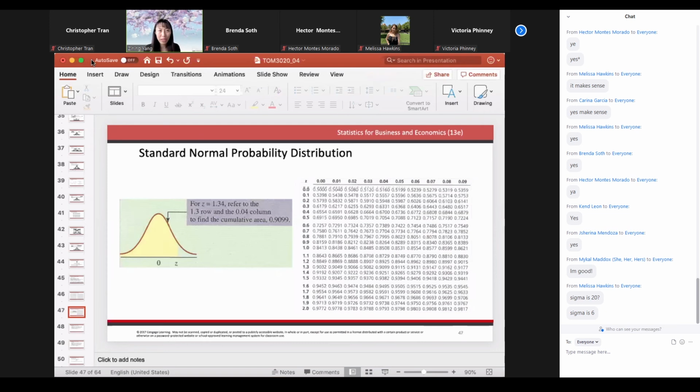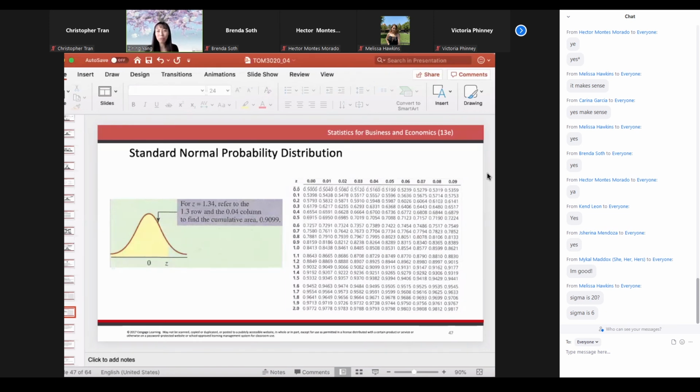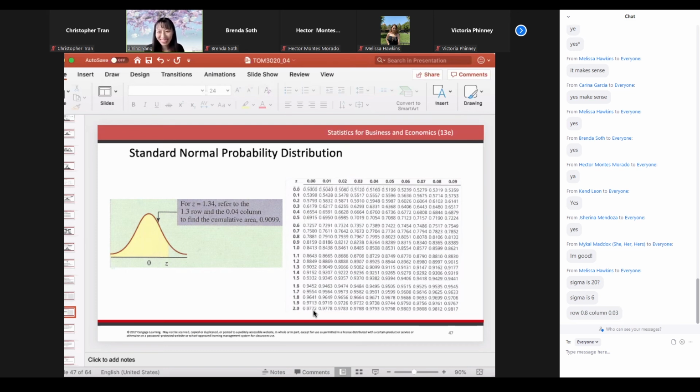Now, if I'm looking at the Z table, who can tell me the corresponding probability of Z equals 0.83? Which row, which column should we be looking at? Very nice, Melissa.